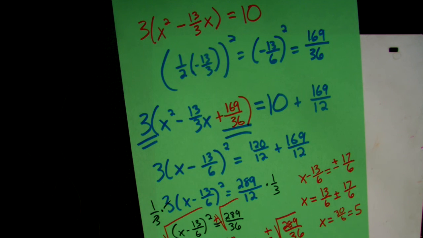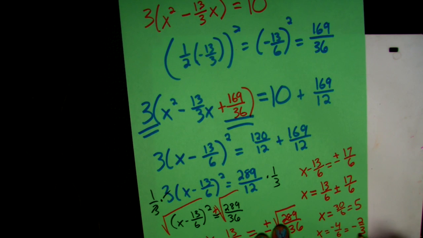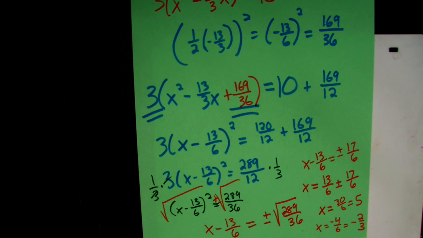But if you do 13 minus 17, you're going to get x is equal to negative 4 over 6, which is negative 2/3. So those are our two solutions. All right, go ahead and try some on your own.